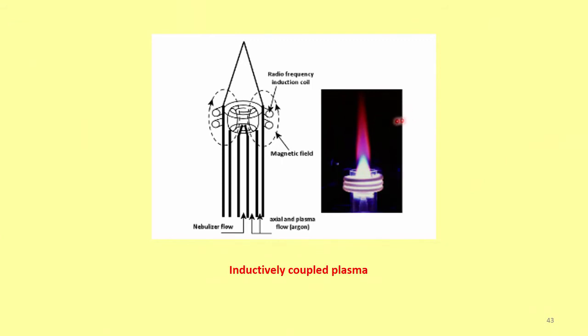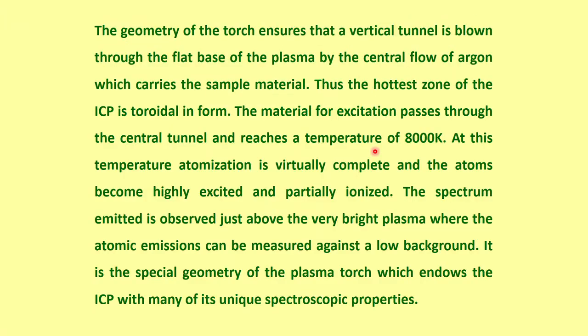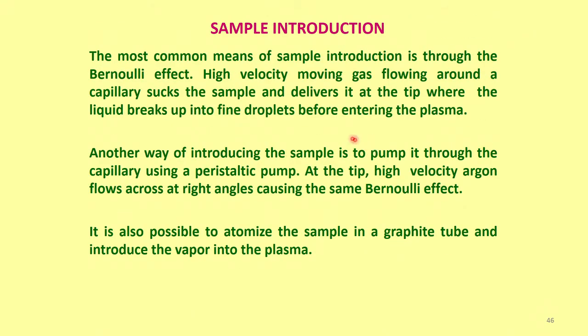If you go back 3-4 figures you will see that the optics arrangement should be placed somewhere near here, so that there will not be much change in the emission of the background. This is how we do the sampling and sample introduction.